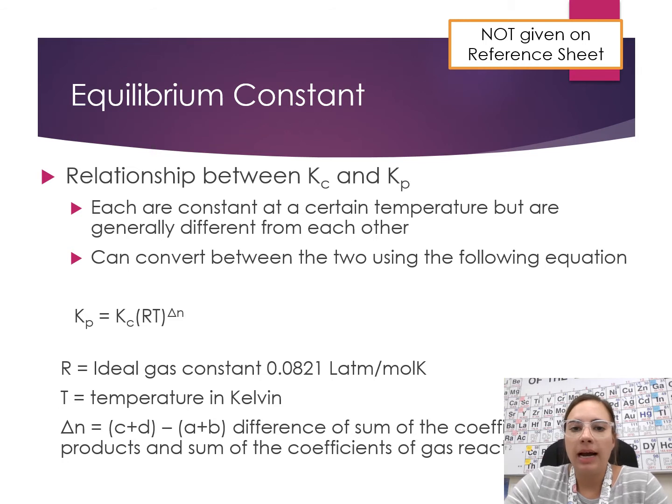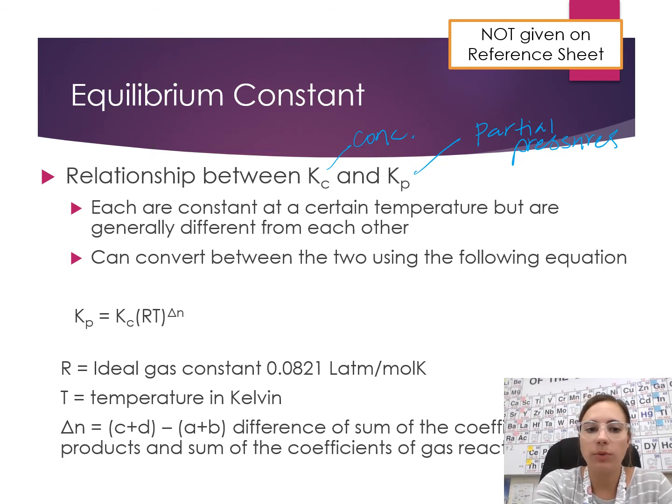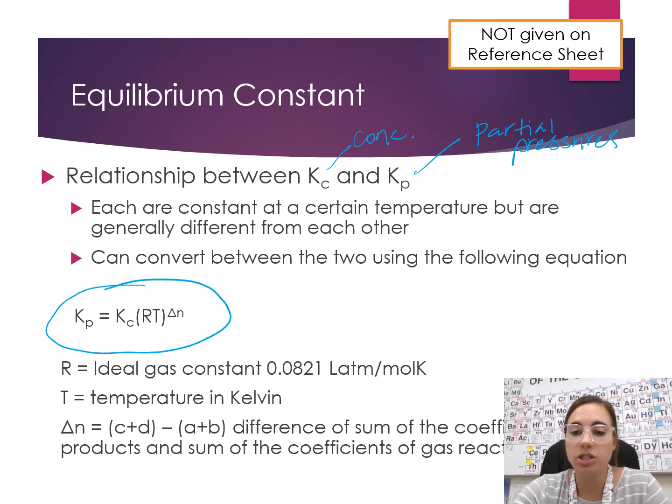So we've talked about how Kc is the equilibrium constant written based on concentrations, and Kp is written based on partial pressures. Now there is a mathematical expression that relates both of them and allows us to convert from one to the other. Kp is equal to Kc times the ideal gas constant R times the temperature in Kelvin, raised to the delta n.